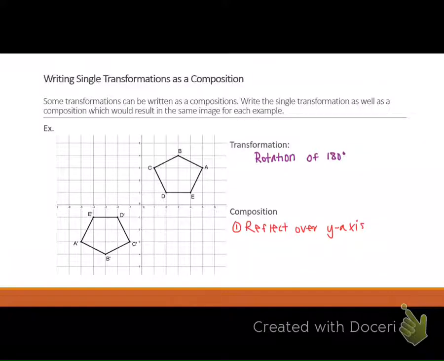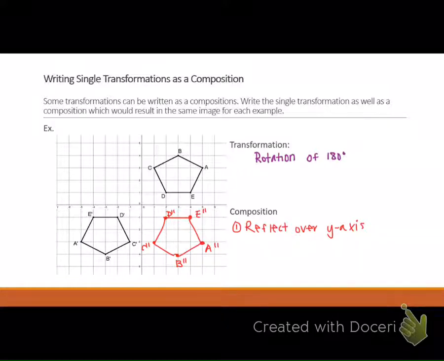So if we reflect over that axis, we get this beautiful pentagon in the 4th quadrant, right?